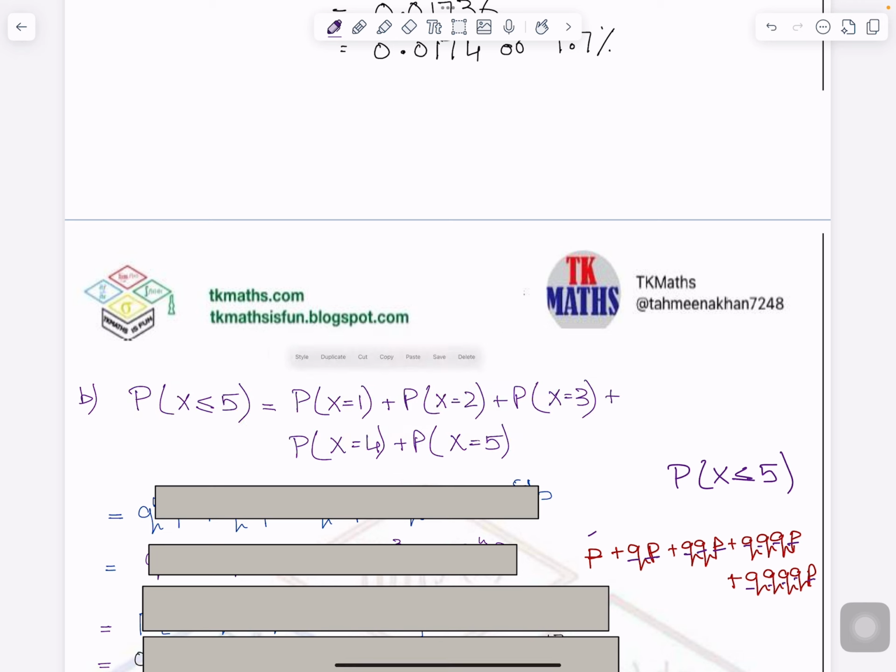This is the meaning of the question, and that's why it is saying the probability of X is less than or equal to 5.